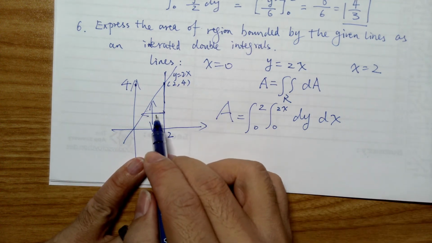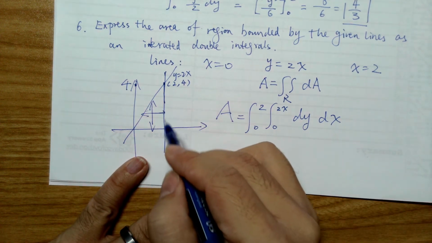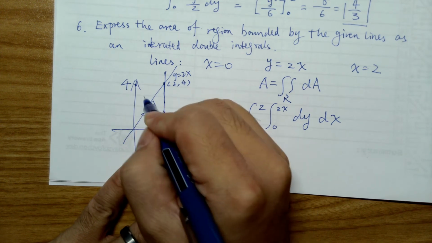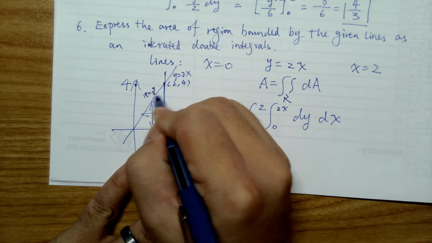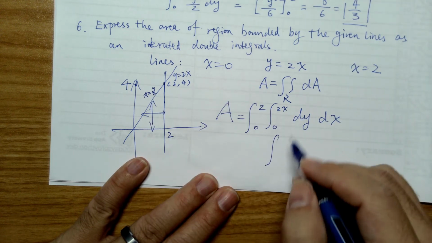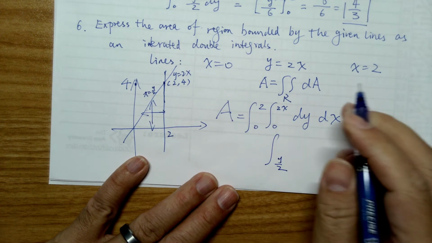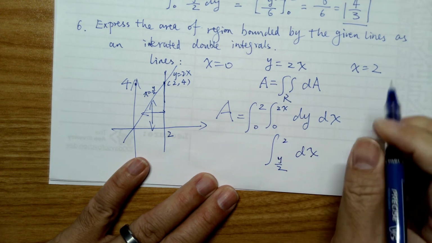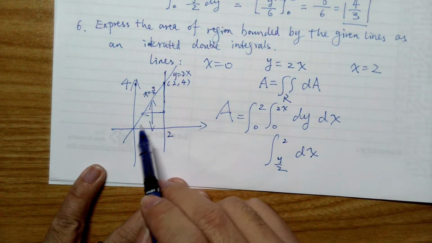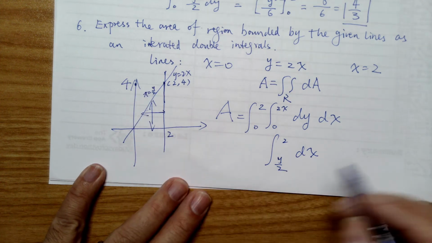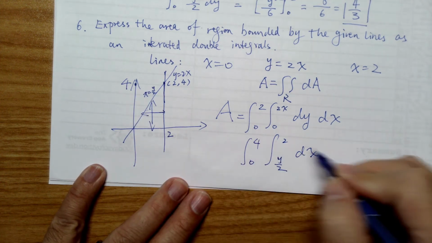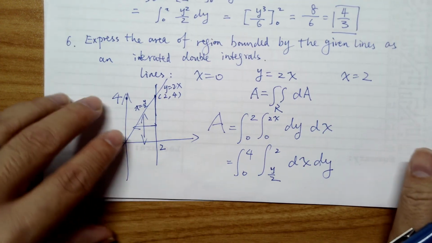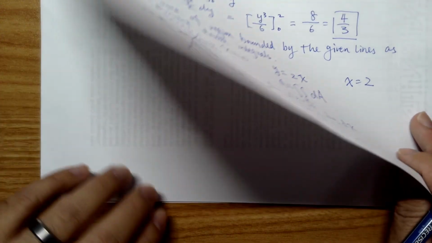So in this case, x is bounded above by 2, bounded below by y over 2, right? So if you solve for x, it's going to be from y over 2 to 2, and then dx, and then y is from 0 to 4, so from 0 to 4 dy. Okay, so it's still the same thing. Those are those two problems.